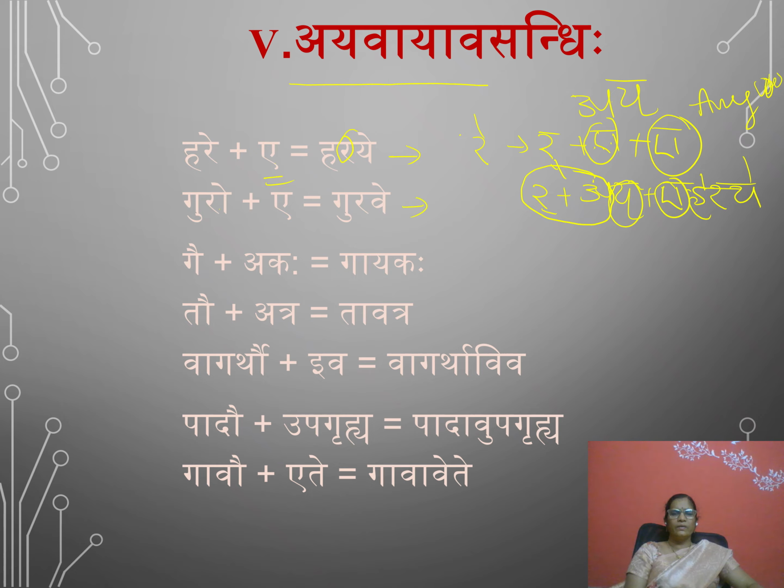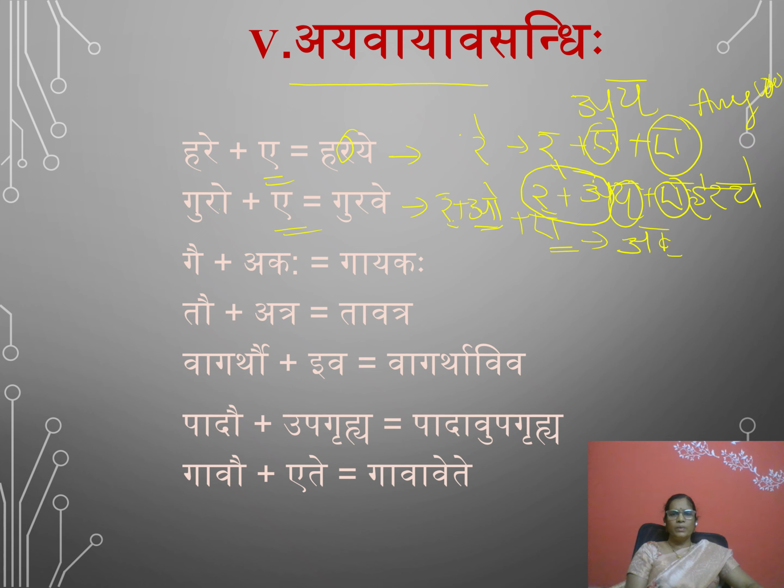Second example, Guru plus A. The first word ended with O: Ru plus O are there in the first word's last letter. And the second word started with A. Right? Here, if the first word ends with O and the second word starts with any vowel, then according to Ayadi rule, that O will become Av.